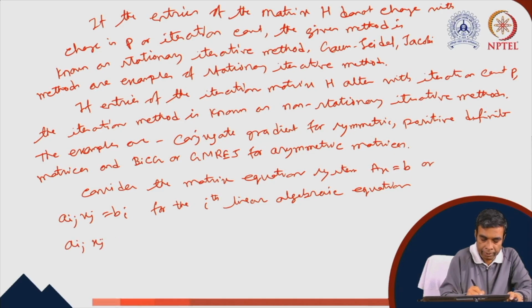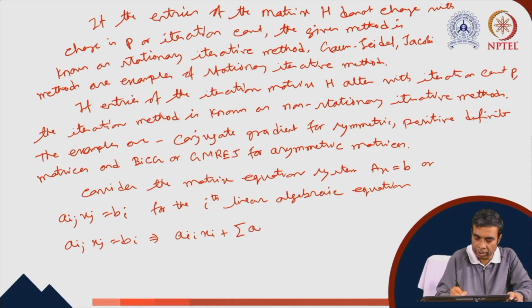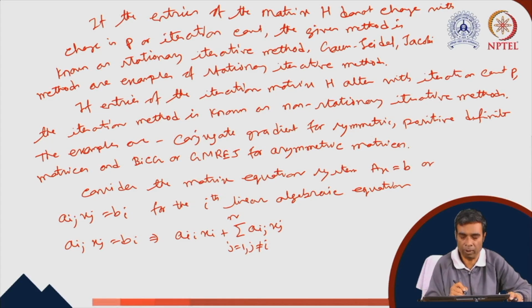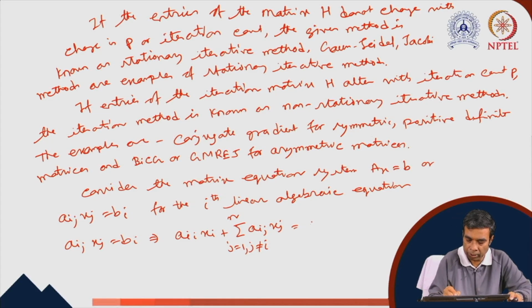Aij xj equals Bi may be represented as Aii xi plus summation of Aij xj, where j is varying from 1 to n such that j excludes the diagonal term, or j is not equal to i. This equals Bi.